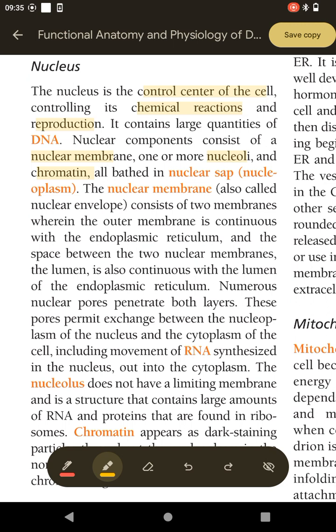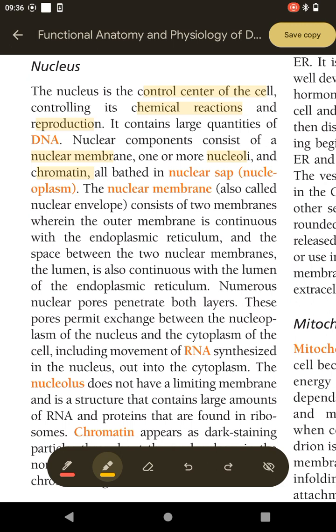The nuclear membrane, also called the nuclear envelope, consists of two membranes, wherein the outer membrane is continuous with the endoplasmic reticulum, and the space between the two nuclear membranes, the lumen, is also continuous with the endoplasmic reticulum. The nuclear membrane separates the cytoplasm and nucleoplasm.